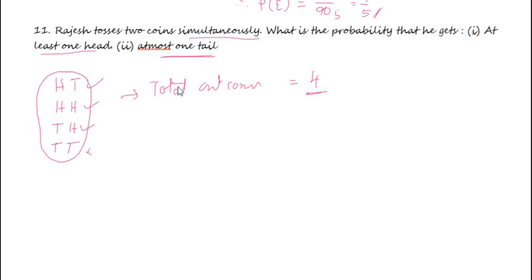Total outcomes is 4 and favorable outcomes is equal to 3.